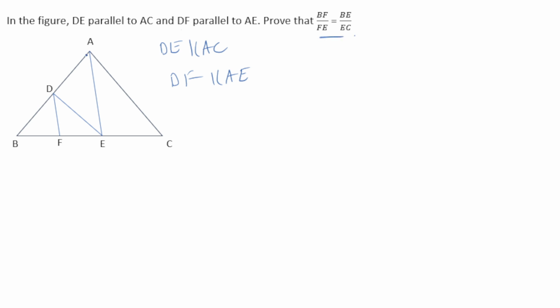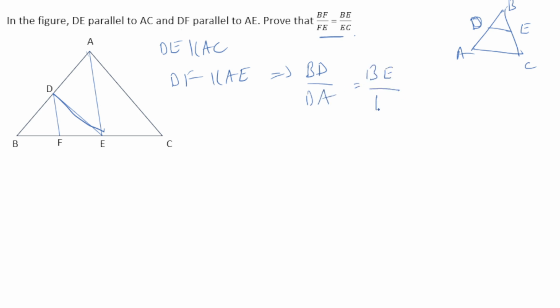See, if you look at triangle ABC carefully, DE is parallel to AC. So DE divides BA and BC in equal ratios. So BD divided by DA is equal to BE divided by EC.